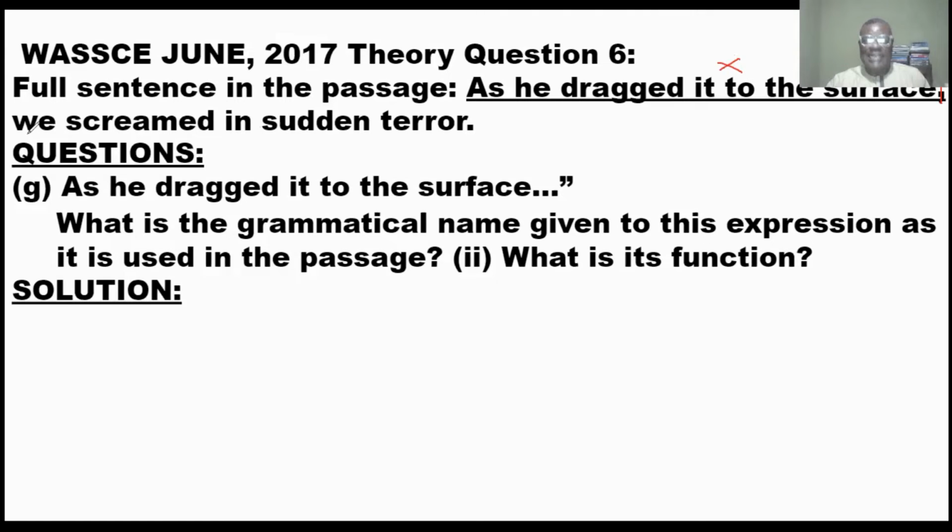Now, if you hear this statement from someone, and you don't know any other thing about what the person is talking about, what kind of question are you going to ask him or her? We screamed in sudden terror. There are a number of questions. Why did we scream in sudden terror? When did we scream in sudden terror? Where? How? All right, these are a series of questions.